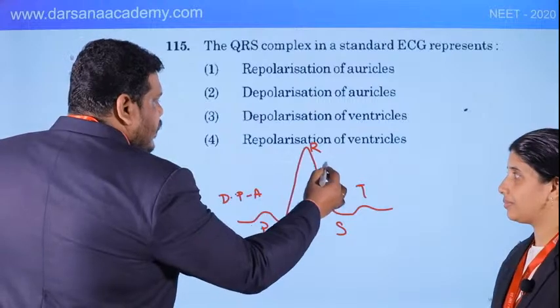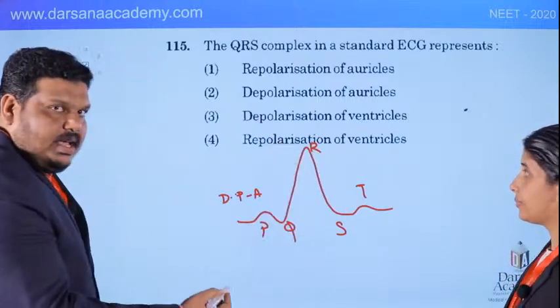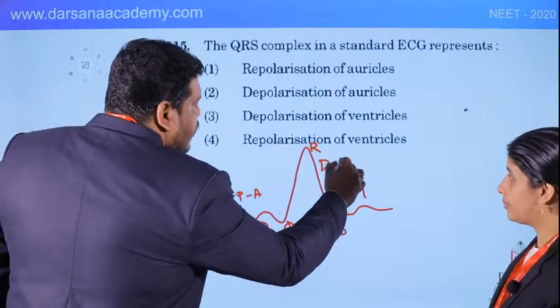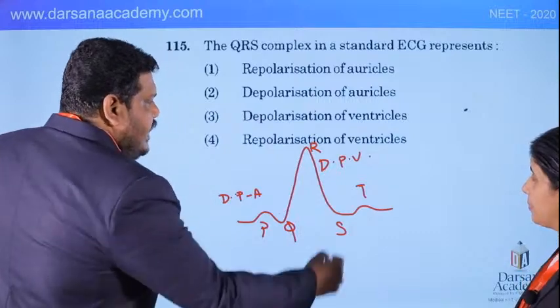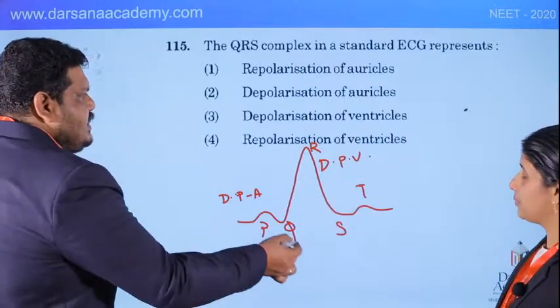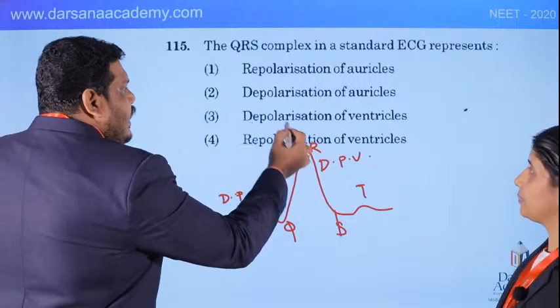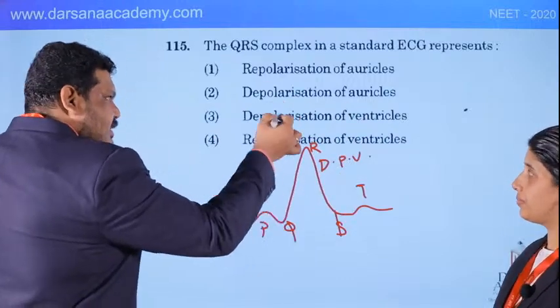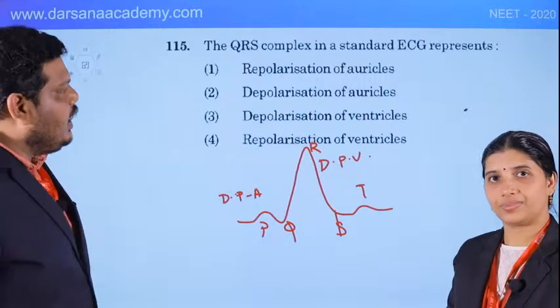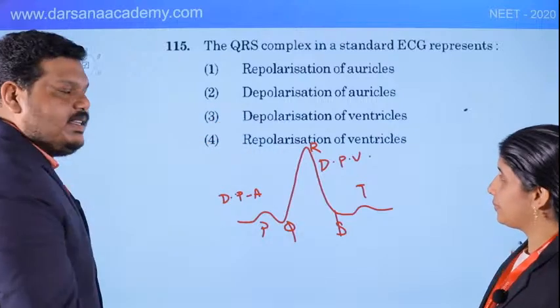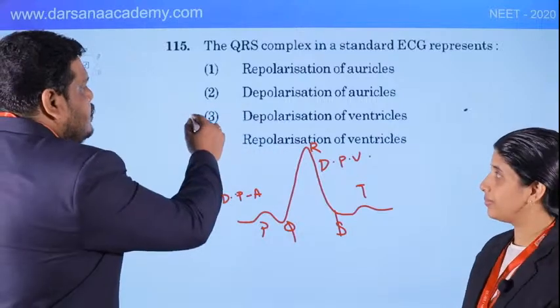QRS is the depolarization of the ventricles, the start of ventricular contraction. T wave is the relaxation. So we just need the QRS complex, isn't it? It means depolarization of ventricles, it's crystal clear and directly in this option, exactly as stated in the NCERT itself. So the answer is option 3.